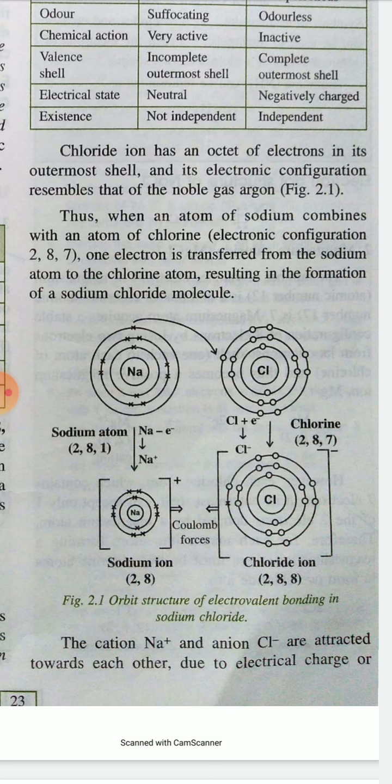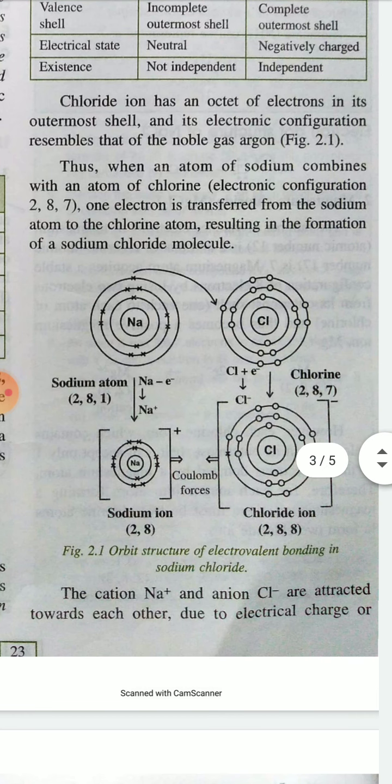Sodium gives one electron to chlorine, and sodium becomes Na+ and chlorine becomes Cl-. Finally, this Na+ and Cl- join by the electrostatic force of attraction between them.